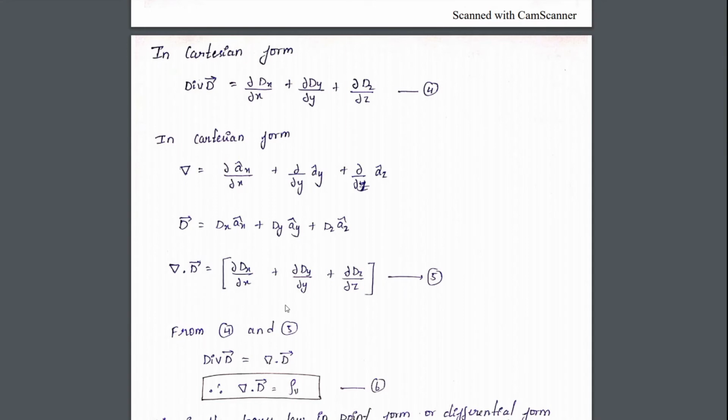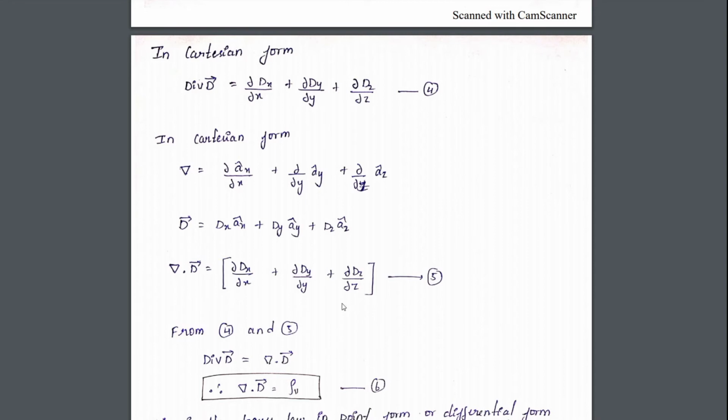In that, only 3 terms will be retained, because in the dot product, ax dot ax is 1, ay dot ay is 1, az dot az is 1. Rest all the terms become 0. So if you take the dot product of del dot D, it becomes dou Dx by dou x plus dou Dy by dou y plus dou Dz by dou z.